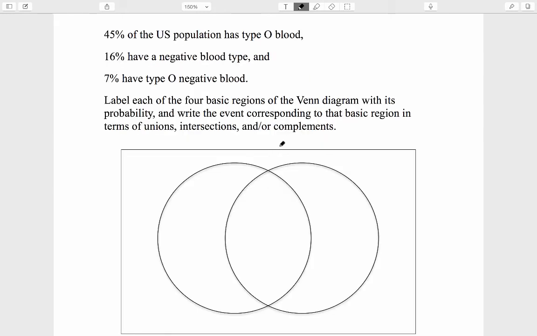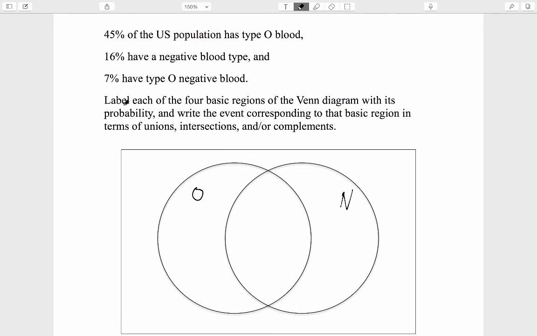What do we know about the probabilities? These numbers are for the United States population only. They are not true everywhere. 45% of the United States population has type O blood, 16% have some kind of negative blood type, and 7% have O negative blood. Let's label each of the 4 basic regions of the Venn diagram with its probability and write the event corresponding to that basic region in terms of unions, intersections, and/or complements.